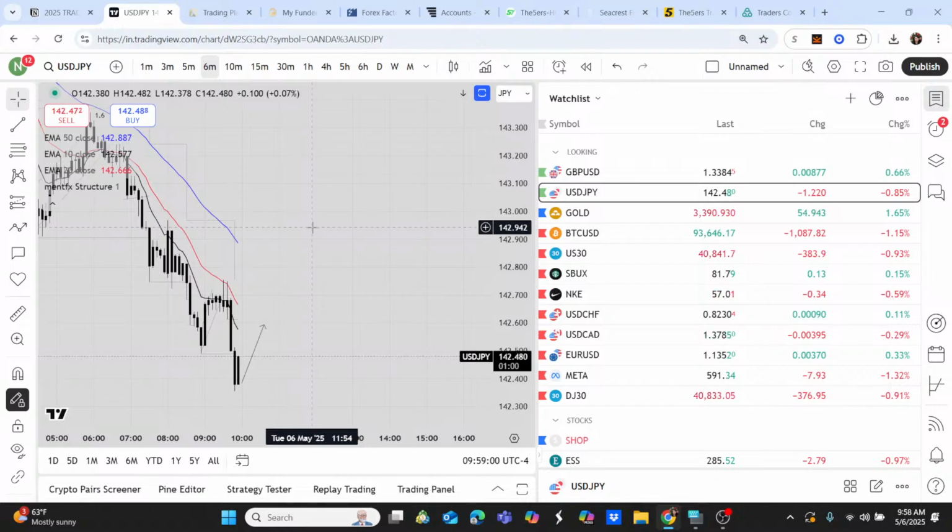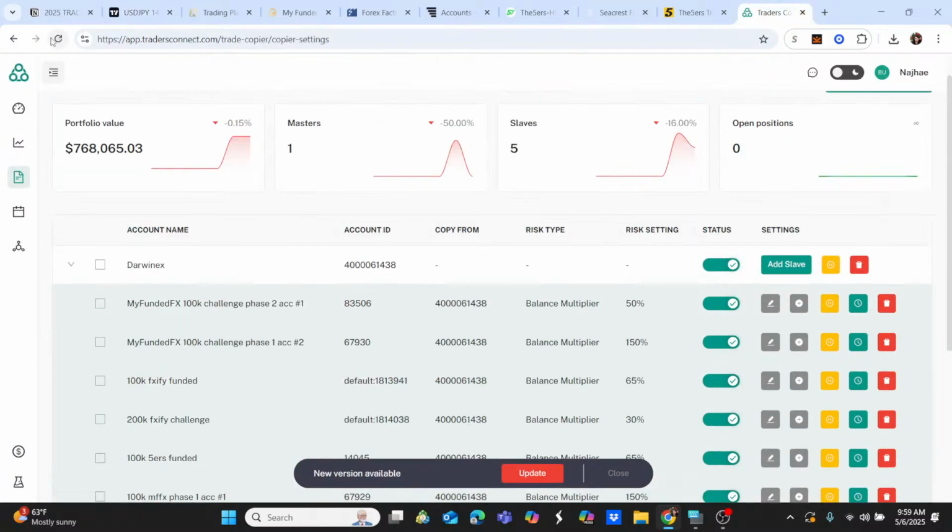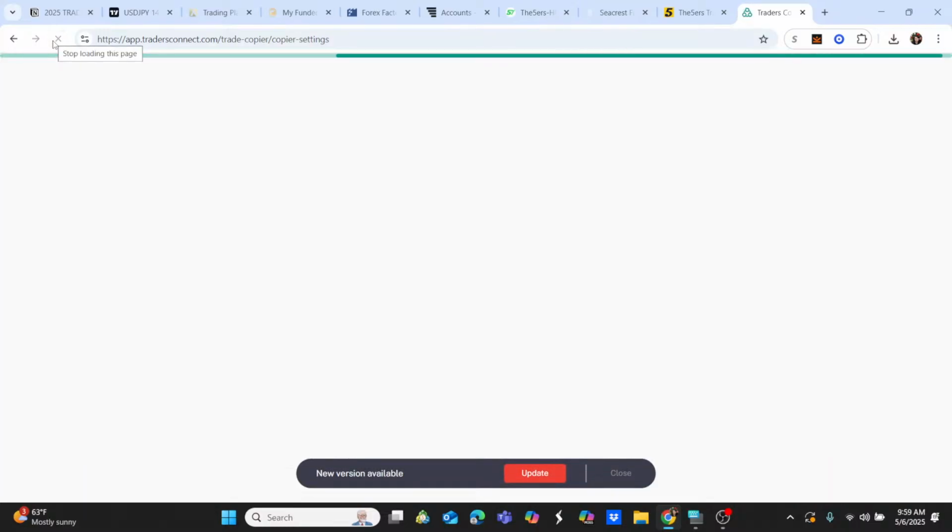Oh yeah, let me do this while I'm waiting. I don't think it's gonna be showing any of my passwords, but let me actually reconnect the trade copier. Unless it logged me out. Did it log me out?